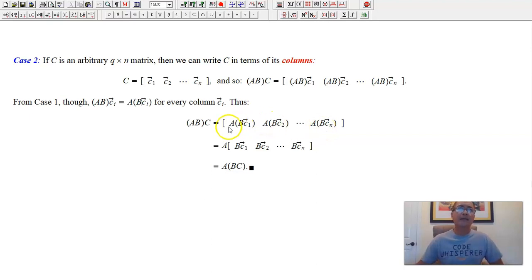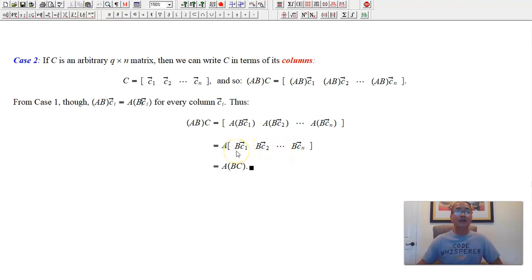Okay, but look at that. We have A on the left side for each of these columns. So again, we appeal to the definition of a matrix product. We can take A outside of the matrix, and it's like we are multiplying A by a matrix where the columns are BC1, BC2, and so on. Okay, now wait a minute.